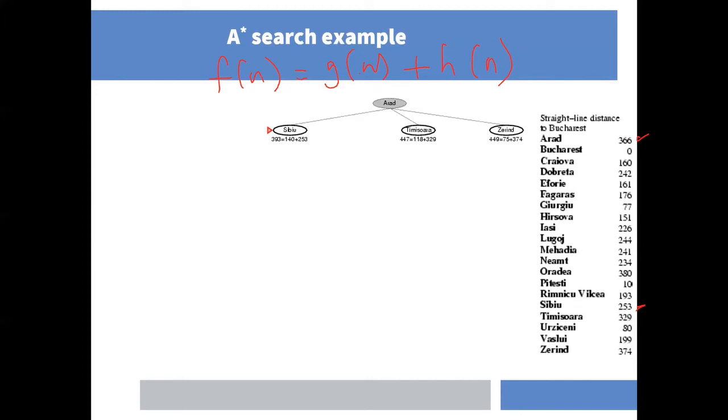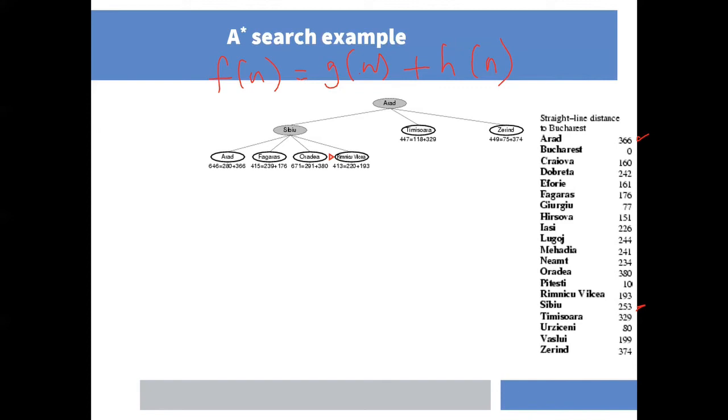Timisoara has f of n, which is equal to 447, and Zerind 449. We choose the lowest, it's 393, which is Sibiu. And then Sibiu, we expand Sibiu. We have now Arad, Fagaras, Oradea, Rimnicu Vilcea, Timisoara, Zerind.